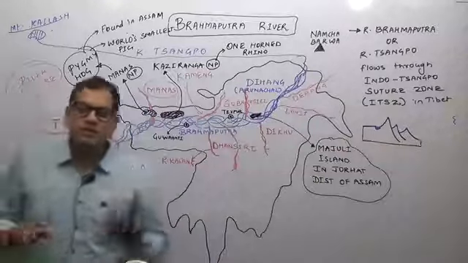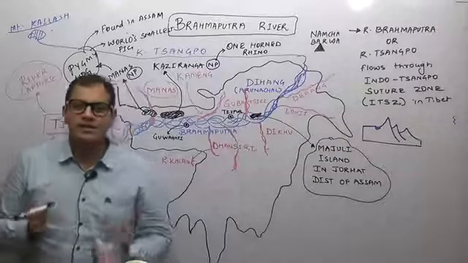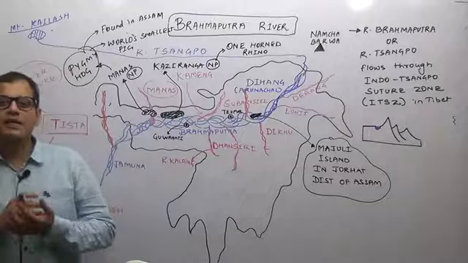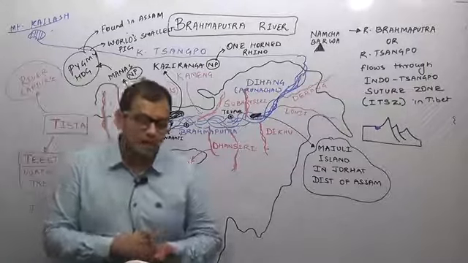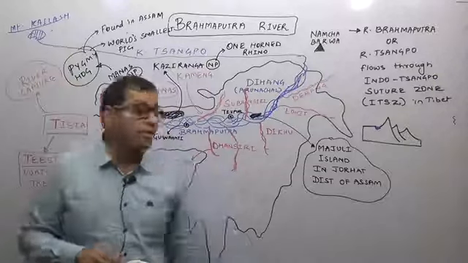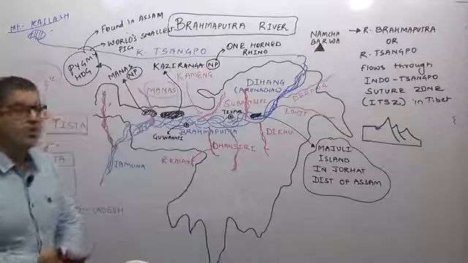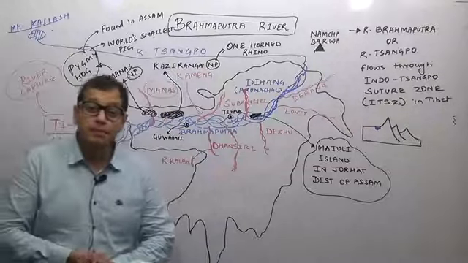What is the specialty of Majuli Island? It is the second largest riverine island in the world, and it is the largest riverine island in India. So Majuli Island is located here. So this is about the river Brahmaputra.